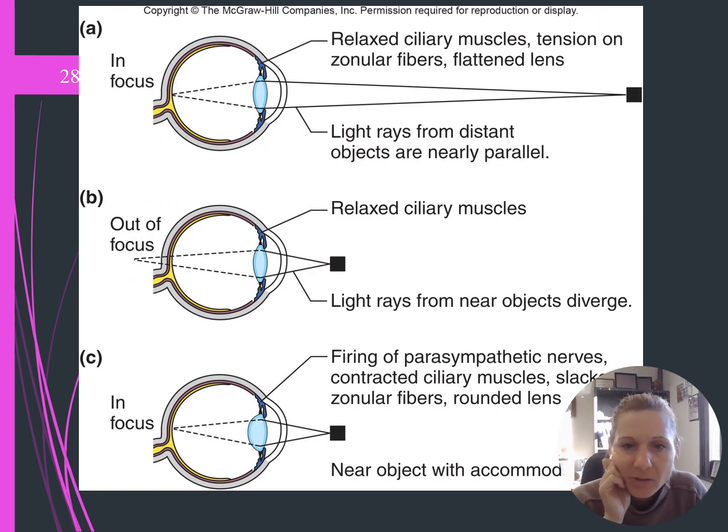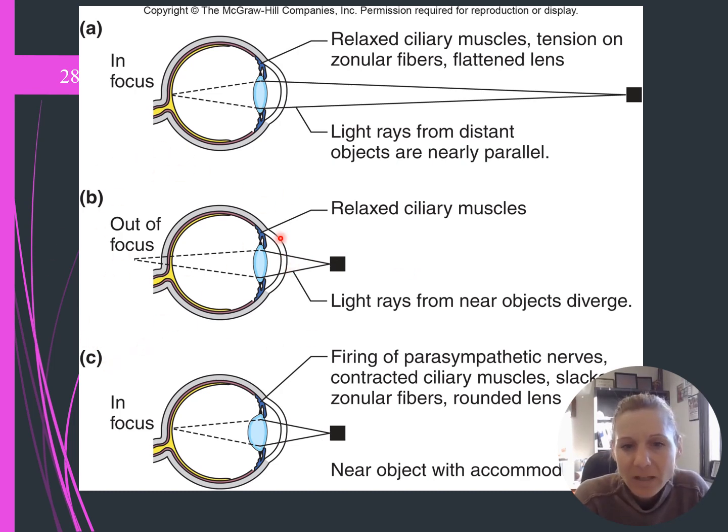Okay, what does this look like? So again, here you can see in focus, we've got relaxed ciliary muscles with a little bit of tension, but not a lot, and light rays from distant objects are nearly parallel, and that will allow us to have a focused image. Okay, if I have those relaxed ciliary muscles when the object is close to me, that's going to create something that's out of focus.